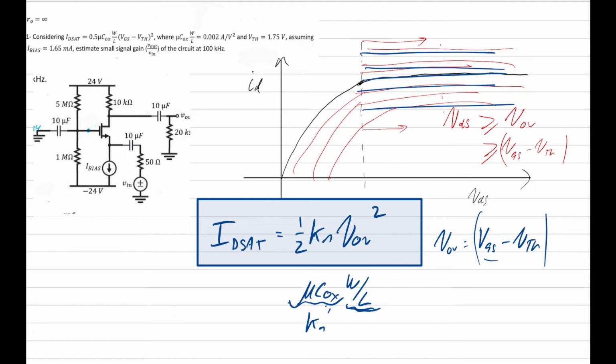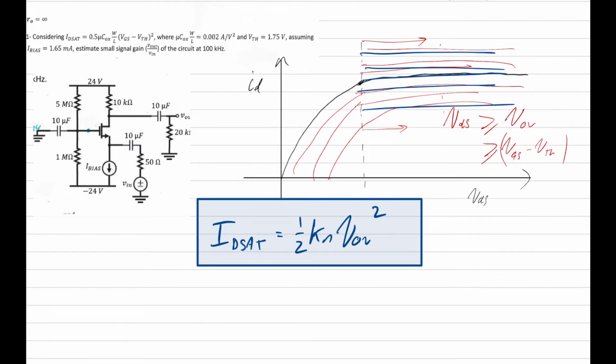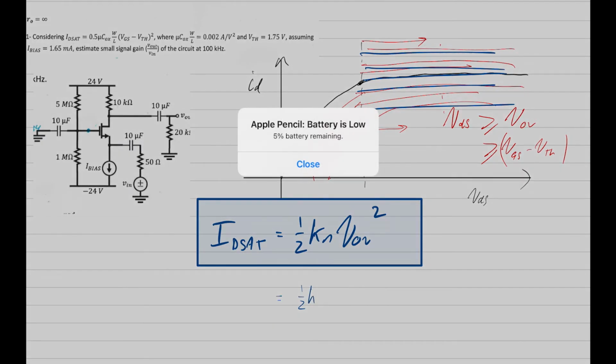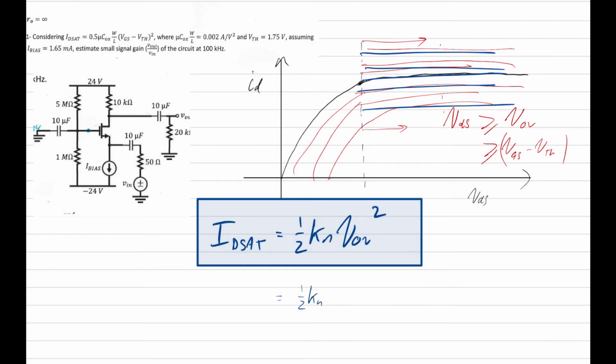So that's the condition, and this is the equation that we can see over here. Now, if we just expand this equation, what we can see is that ID sat is going to equal half Kn VOV, which is V gate source minus V threshold squared.